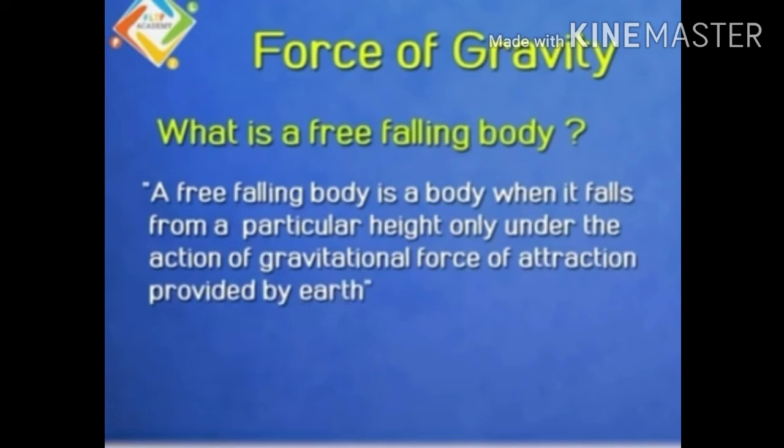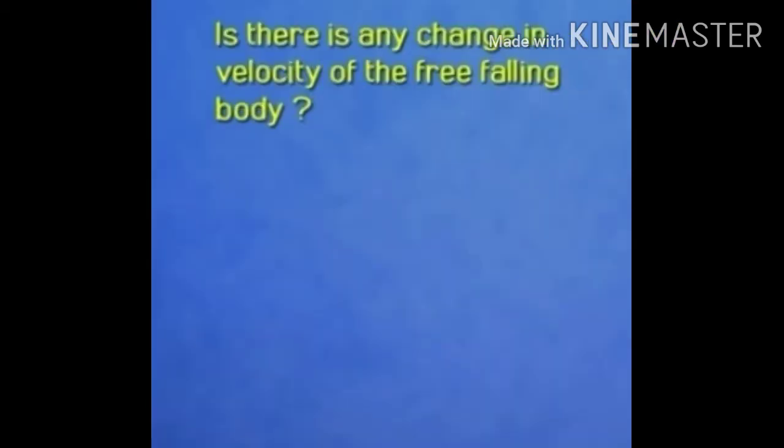that free falling object can change its velocity. It says it changes velocity. That means, is there any change in the velocity of a free falling object or body? For this the answer is yes. That means it can change the velocity.